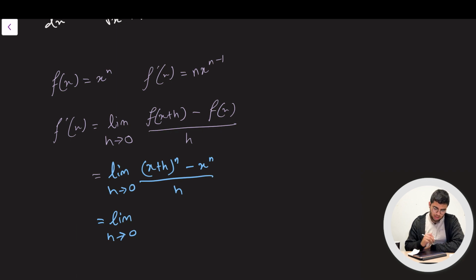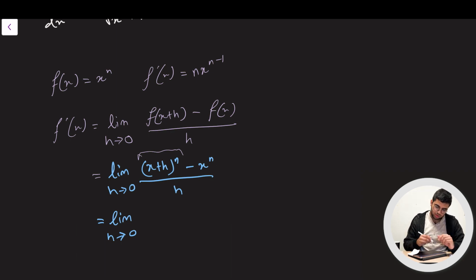Now, we can expand this little part here, okay? But how exactly do we do that? We don't know what n is. Here's the insight I'm talking about, we could use the binomial expansion theorem, can't we?